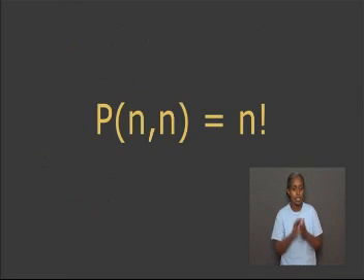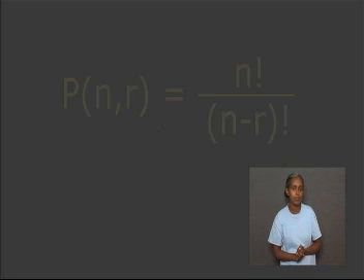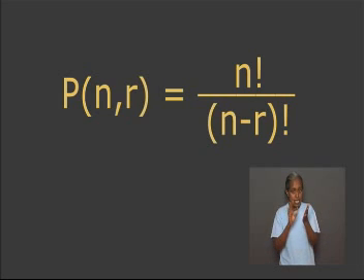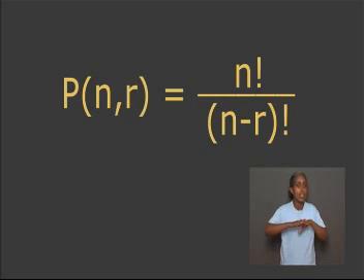The number of permutations of a set of n objects when you put them all together is written like this. The number of permutations of n objects taken r at a time, where r is greater than 0 and less than or equal to n, is denoted by P of n, r.